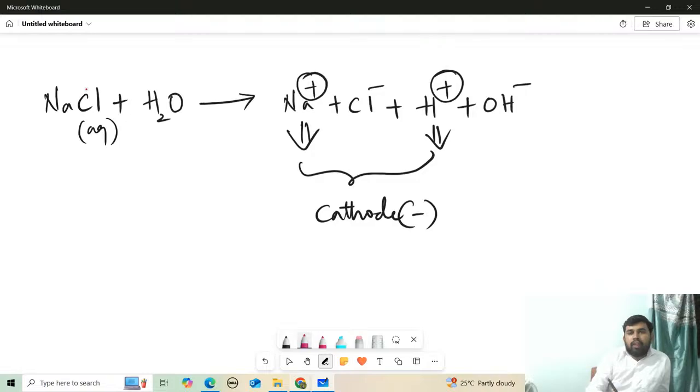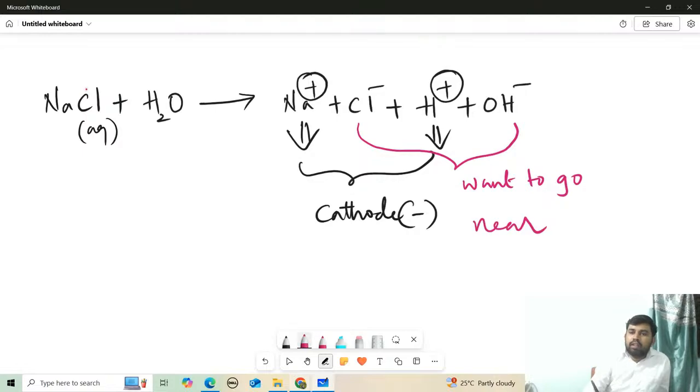Similarly, we have chloride ions and OH ions. Where do they want to go? They want to go near the anode. But for OH, it can't. Why can't it? Let me see.